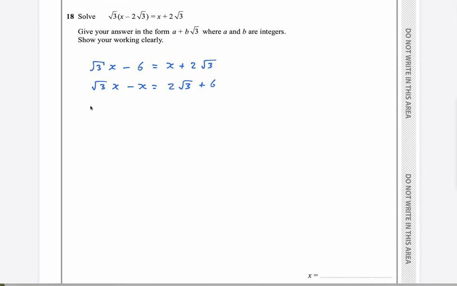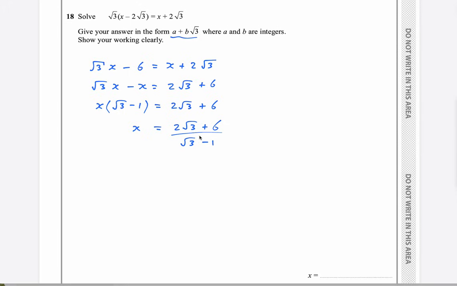Then I need to factorize out the x. I have x times root 3 minus 1 is equal to 2 root 3 plus 6. And then I'm going to divide by this to get x on its own. x equals 2 root 3 plus 6 over root 3 minus 1. Now, he wants it in this form, guys.